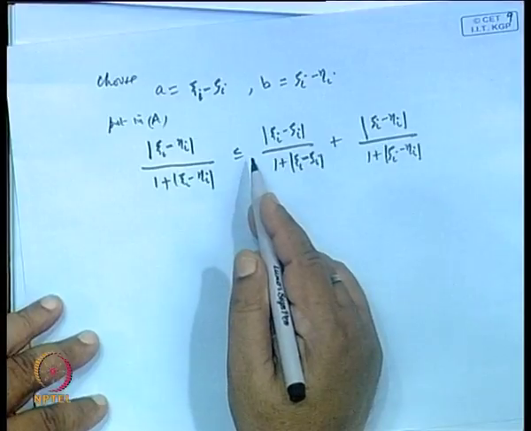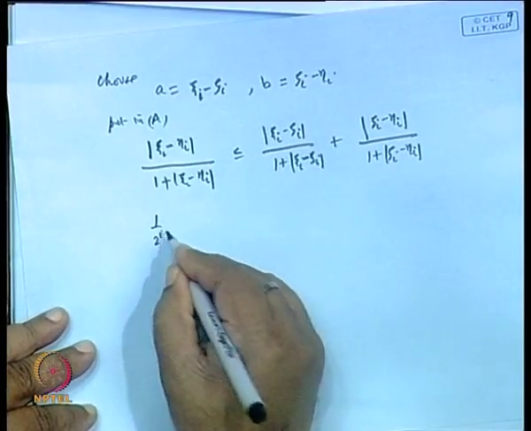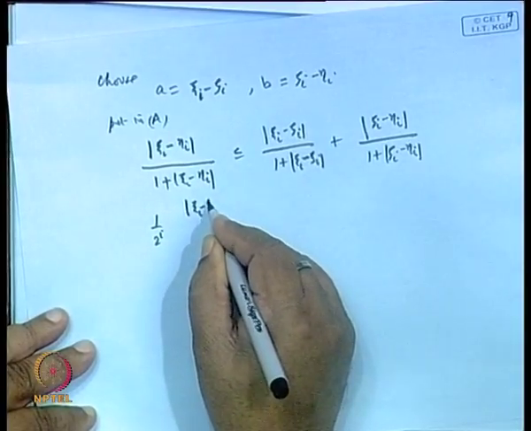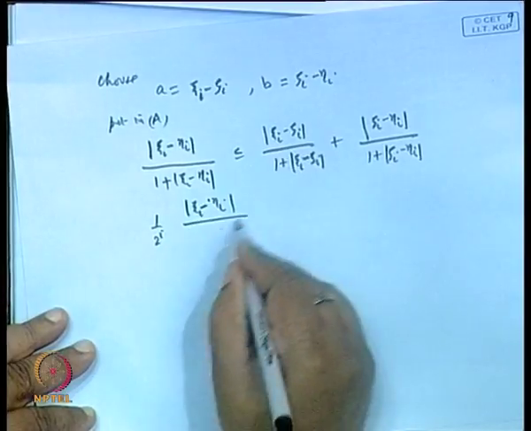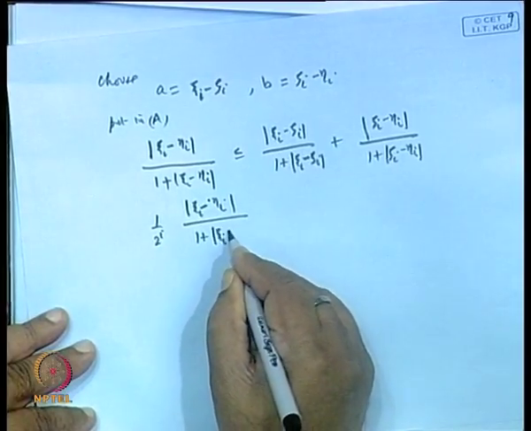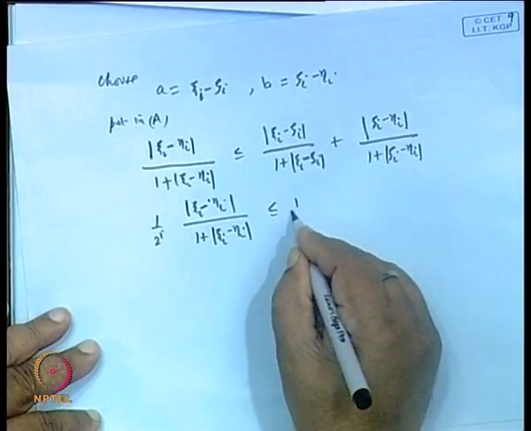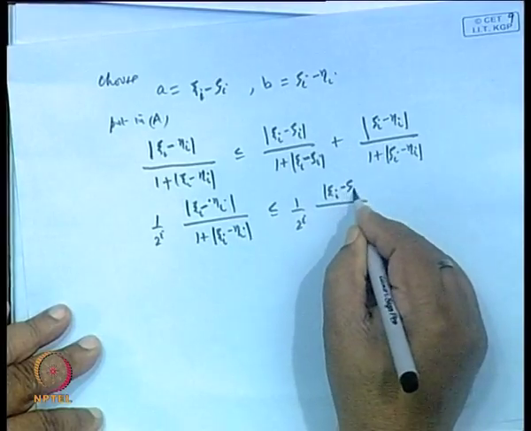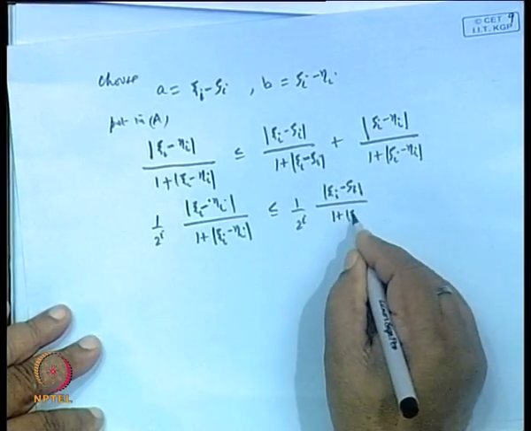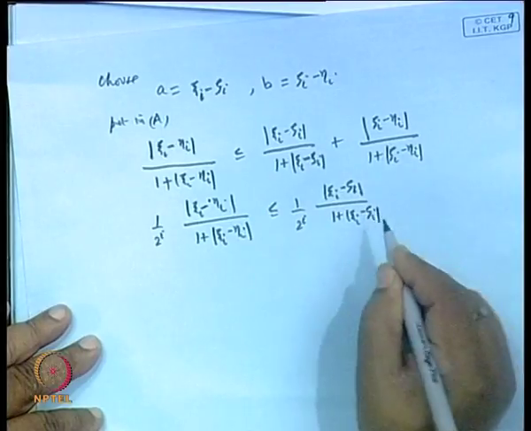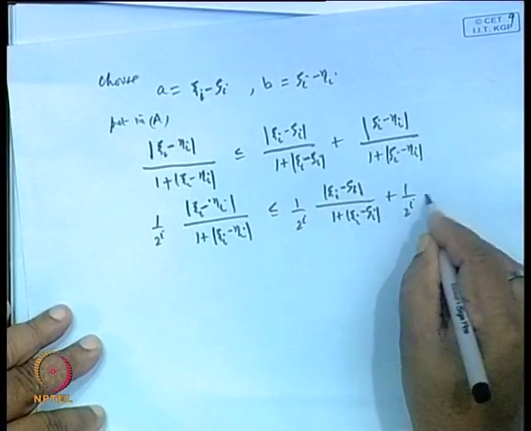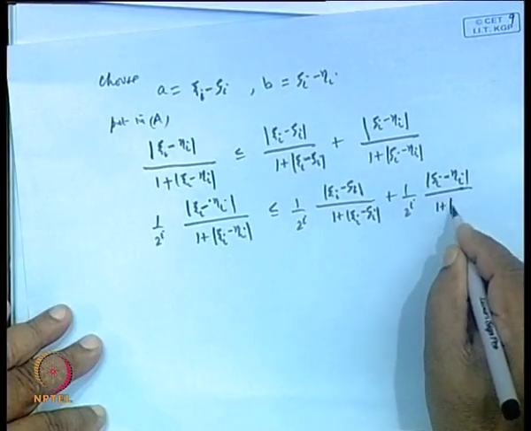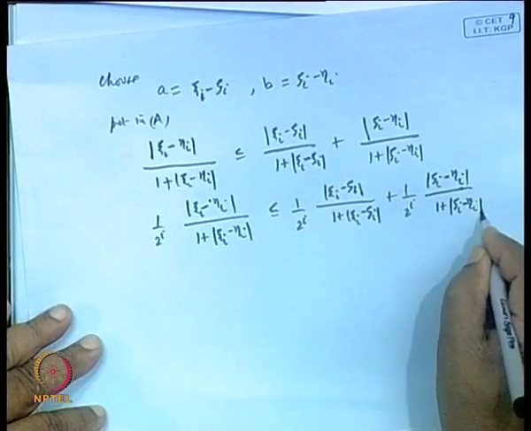So, multiply by 1 upon 2 to the i and take the sum. So, we get 1 by 2 to the i, mod xi i minus eta i over 1 plus mod xi i minus eta i is less than or equal to 1 by 2 to the i, mod xi i minus zeta i over 1 plus mod xi i minus zeta i, plus 1 by 2 to the i, mod of zeta i minus eta i over 1 plus mod zeta i minus eta i.